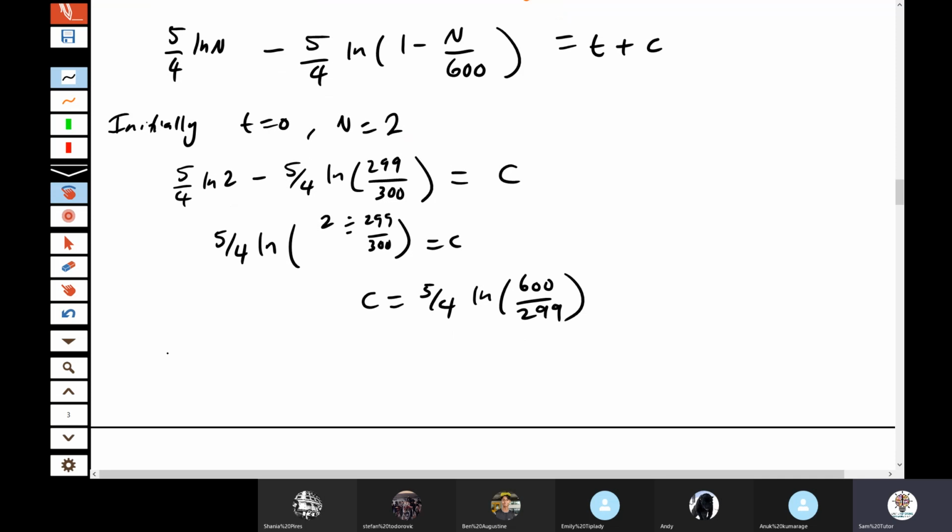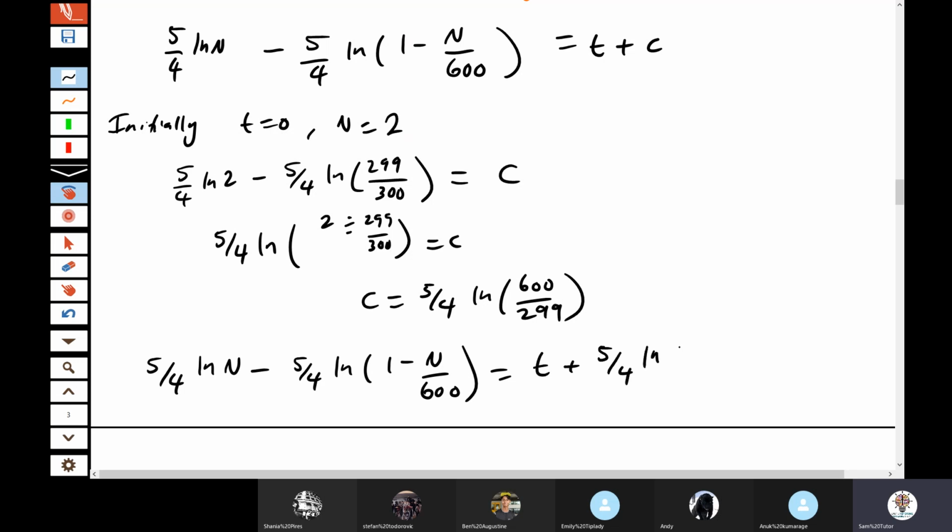Okay, next lines. 5 over 4 log n minus 5 over 4 log (1 minus n over 600) equals t plus c. Okay, we're trying to solve for n.